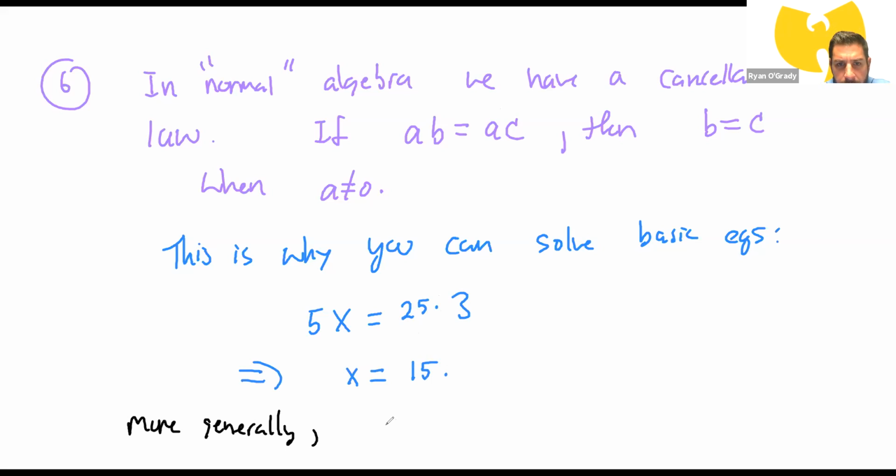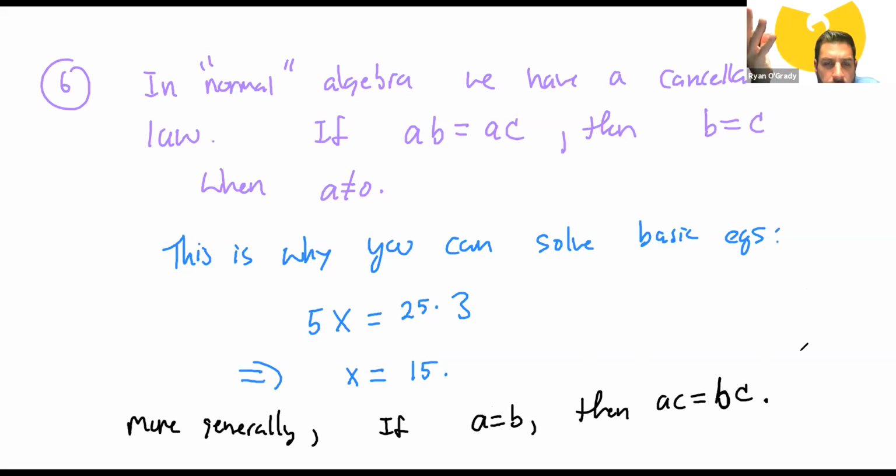More generally, if two things are equal, if A equals B, then A times C would equal B times C. So that's sort of the other reasoning. So these are basic facts about numbers that you've used since you learned algebra. The thing is they don't necessarily hold when we're doing modular arithmetic.